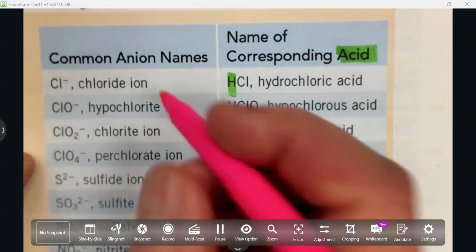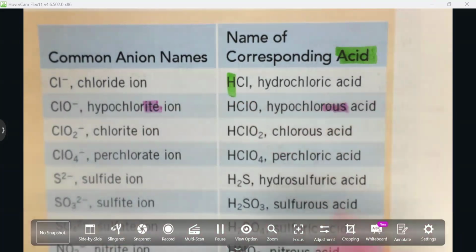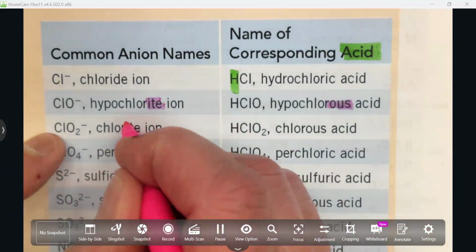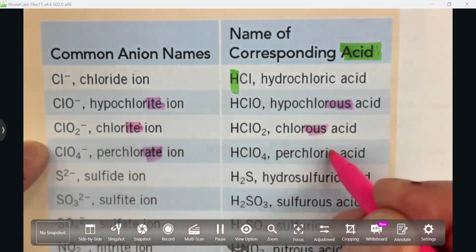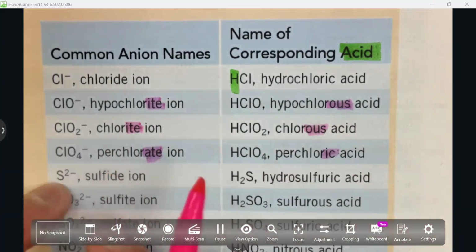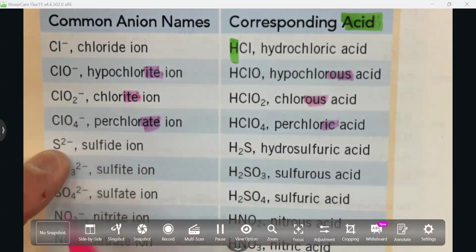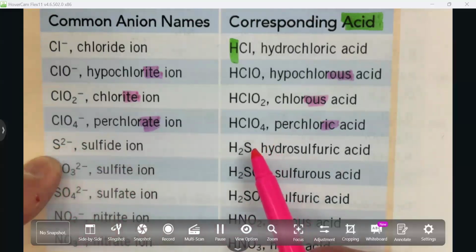In this case, ate gets changed to ic, and then chlorite, ite to ous again. This is going to start with hydro and end in ic. If you make this into an acid by putting a hydrogen with it, you get H2S, hydrosulfuric.